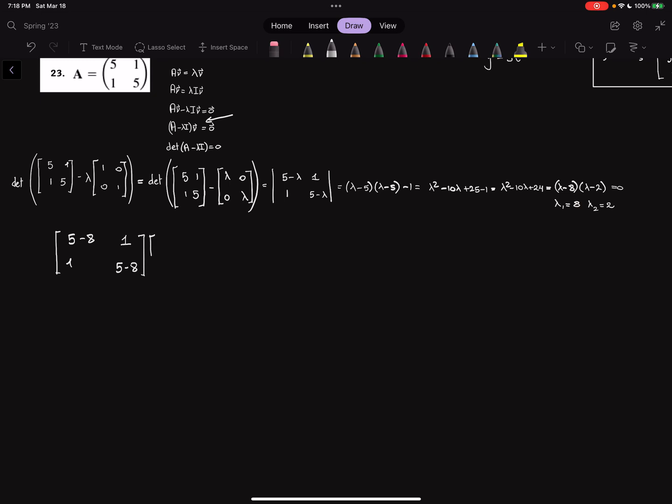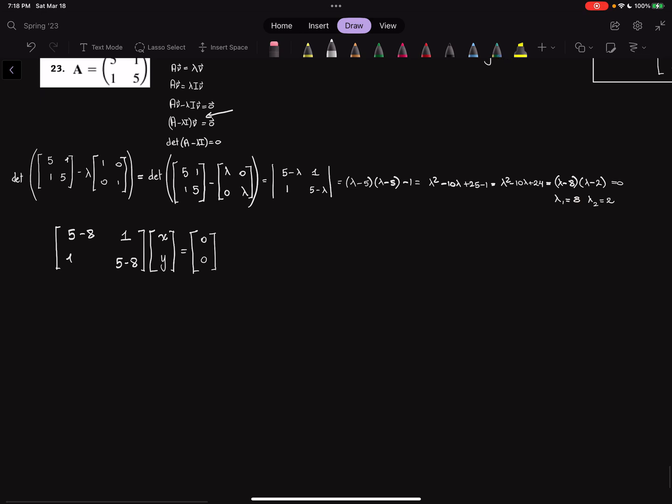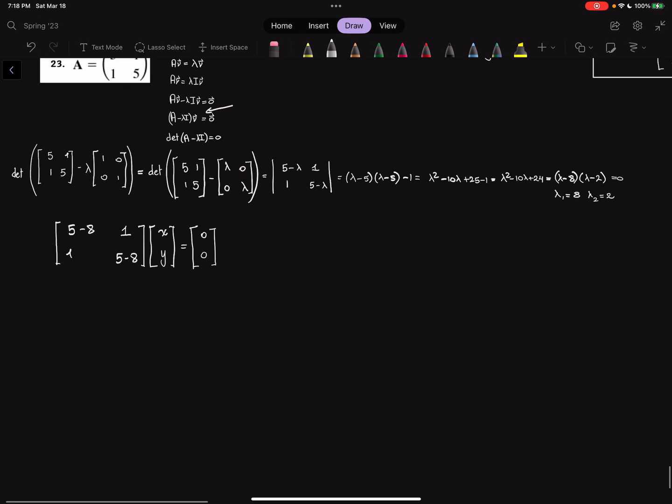And then it was multiplied by a vector v, which we can say has coordinates x and y, and those all had to be equal to the 0 vector. So, this is the same thing as -3 times x plus y equals 0. And the second part is x minus 3y equals 0.